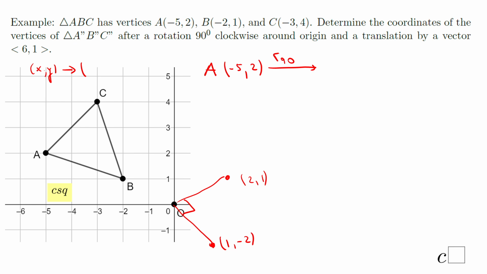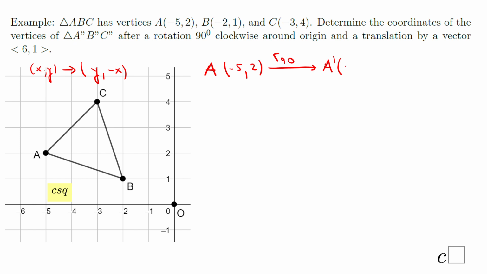So clockwise, I just want to be sure. So xy becomes what? Y and -x. In fact, this is the previous rule. Just want to show you one more time how to get the rule if you do not remember. So we're gonna have here a prime, and we're gonna switch these x and y.